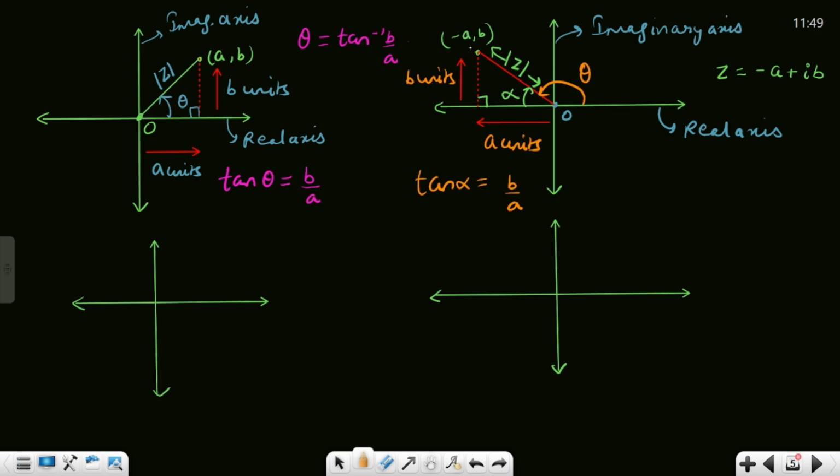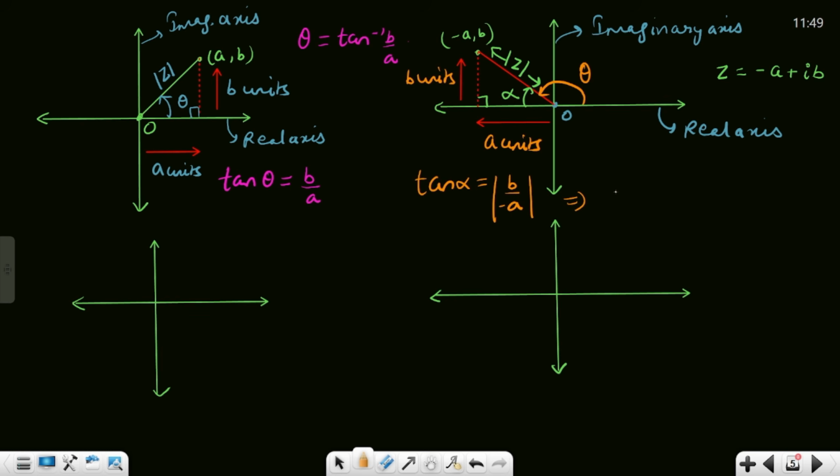This is the coordinate representation of the point: it will be minus a comma b, and if we are talking about units, distance, it will be perfectly positive only. So if we want, we can give the modulus also and write the respective sign, b upon minus a, then modulus, same thing. So from here, what can we conclude?